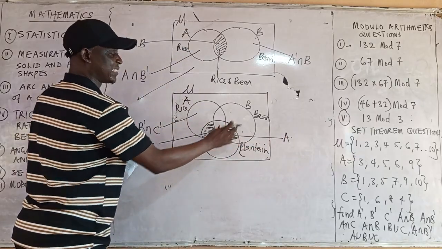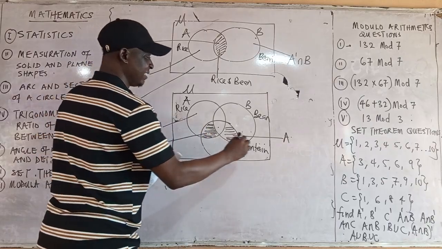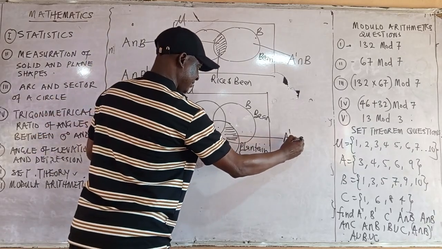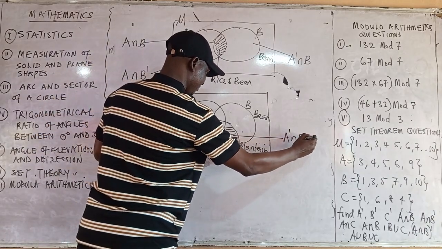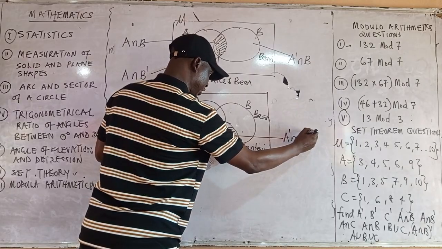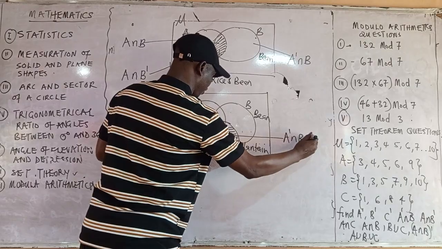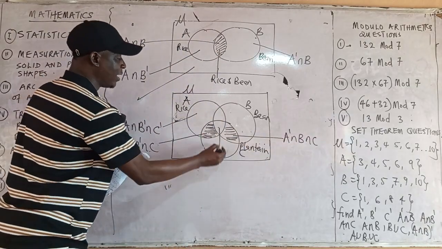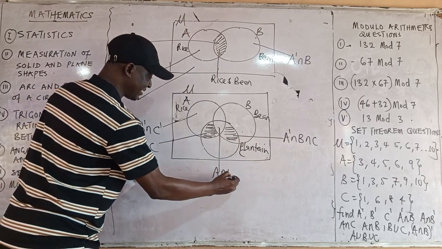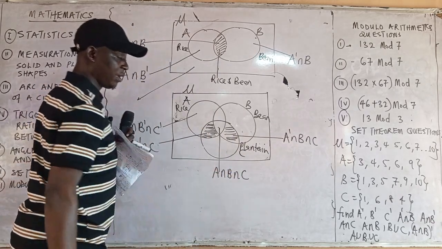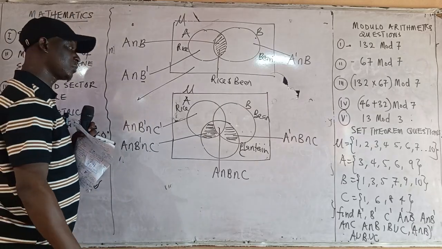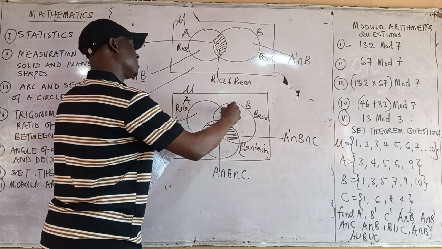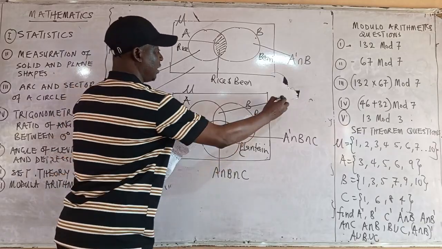A, this one involves B and C. A intersection B intersection C. That means only A is removed. What about this one? A intersection, I mean now, okay. What about this place? Who can tell me?